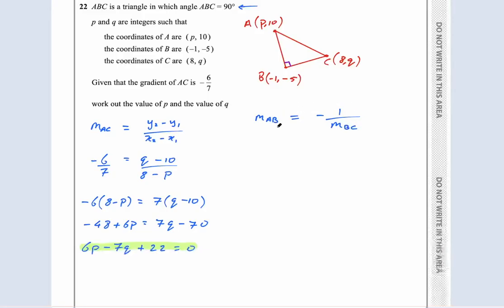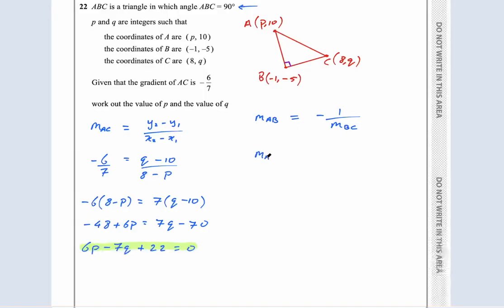Because perpendicular gradients are the negative reciprocals of each other. So if you have a gradient of -6/7, the perpendicular gradient is 7/6, positive: you flip it, the reciprocal, and change the sign. That's the start of the equation that I'm going to make. So let's get the gradient of AB and the gradient of BC.